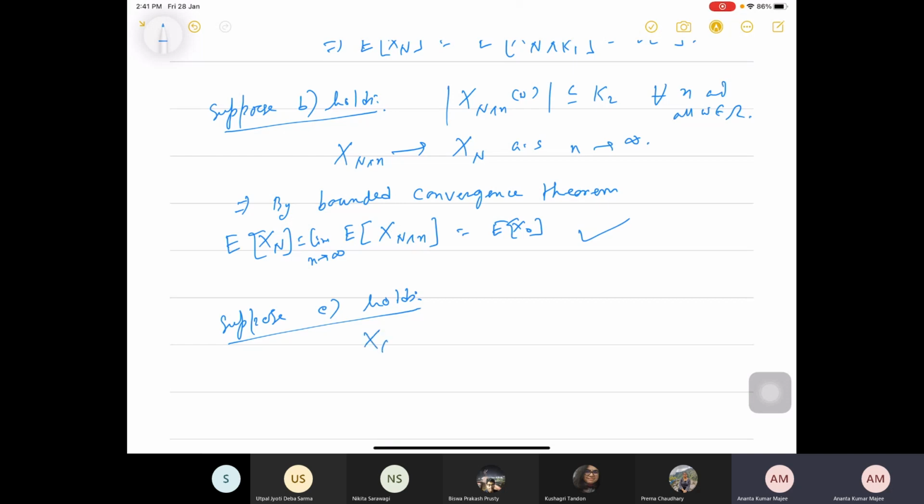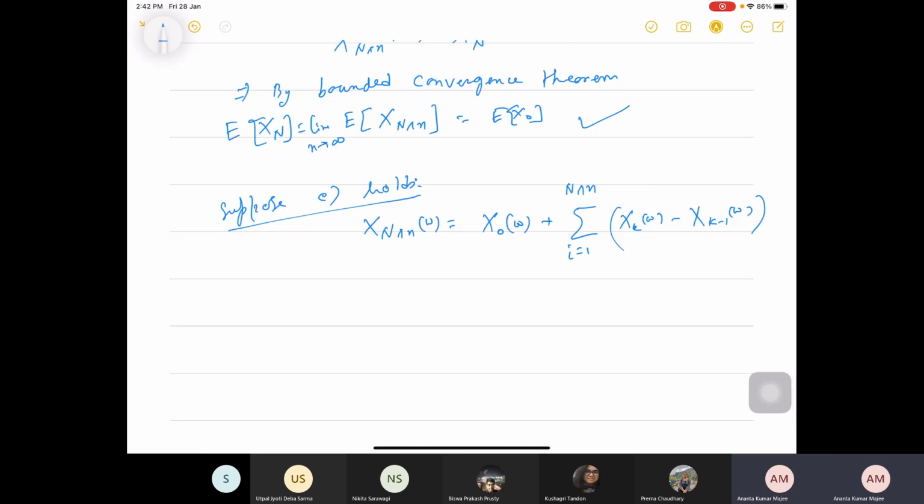So what I know is that X_{n∧N}(ω), this part I can write down as X_0(ω) plus the summation over k equal to 1 to n∧N of X_k(ω) minus X_{k-1}(ω), is it not? Like a telescopic sum actually I am writing down.